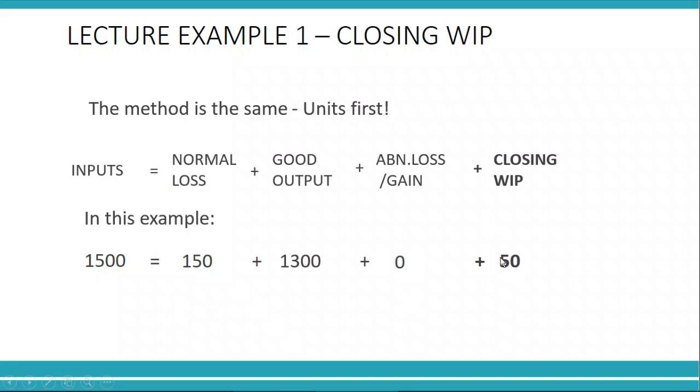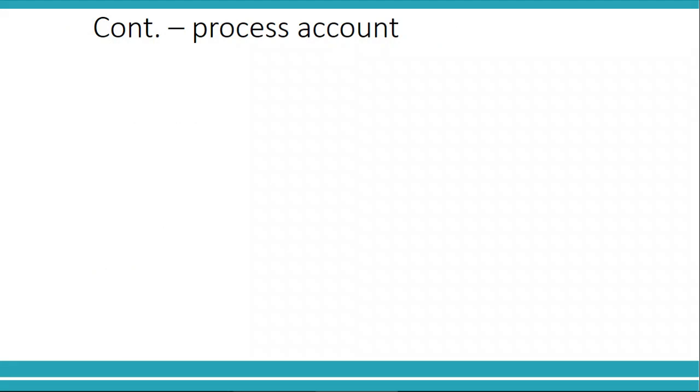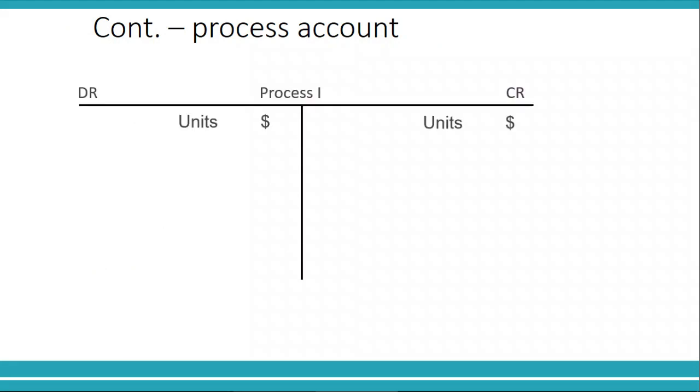So these 50 units we need to calculate the value for. So we make our process account. We say the raw materials for 1500 units is 12,975. I'm just assuming some data. Then you've got labor, which is 9,576, and then overheads 3156.